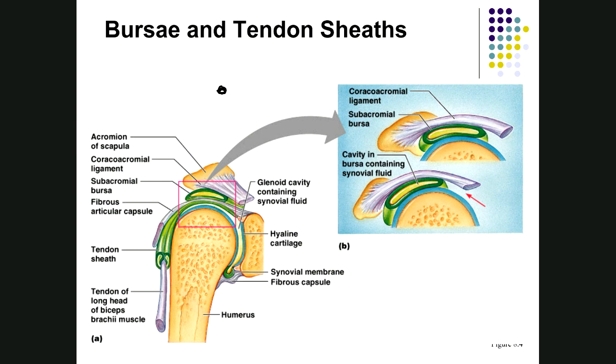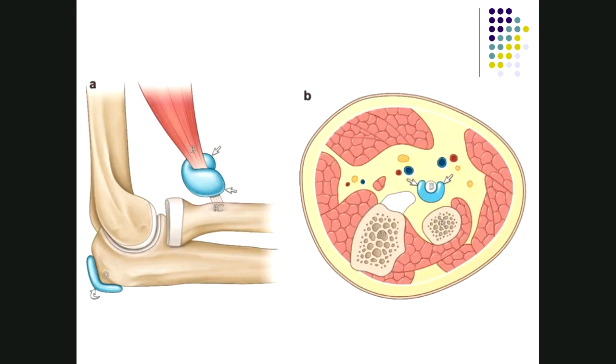It looks like this. It's wrapped around it like that, and it's very long. So here is a bursa, and here is a tendon sheath. Does it make sense? They're almost identical except for the way they look.